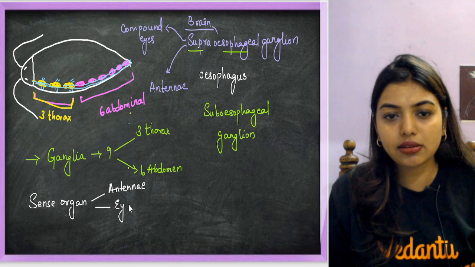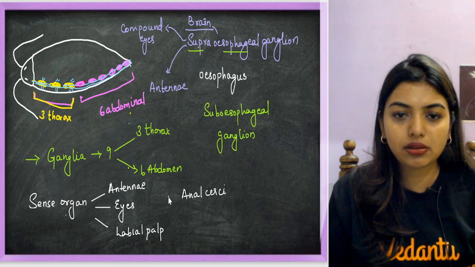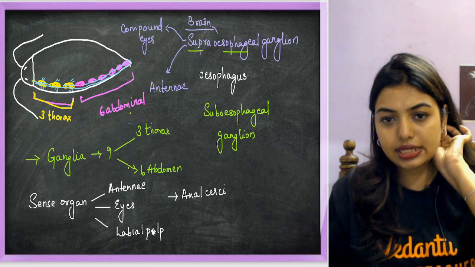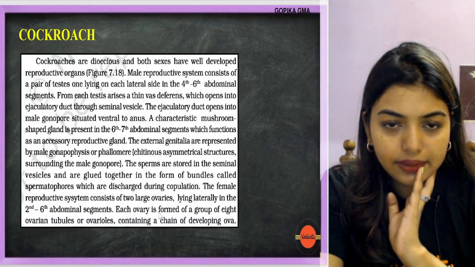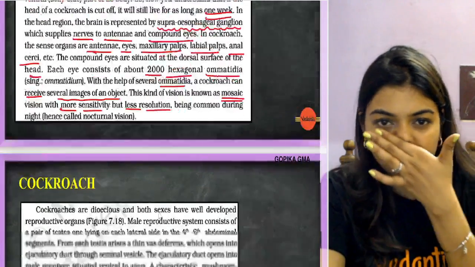Eyes, labial palps for taste. Anal cirri for vibrations. Antennas, eyes, labial palps, anal cirri, right? Or did we miss something? Maxillary palps we missed.